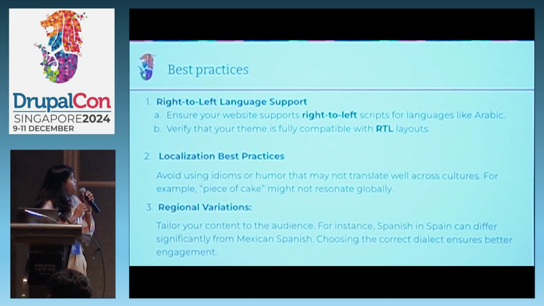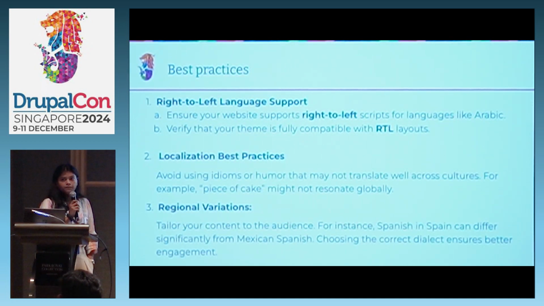Now we'll take a look at the best practices that one needs to keep in mind while implementing the multilingual functionality. The first one would be making sure that the languages that we are adding, which direction they follow. Right now we added the new language Dari that followed the right to left layout.